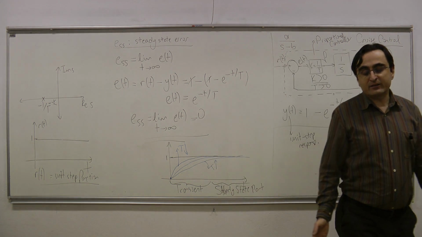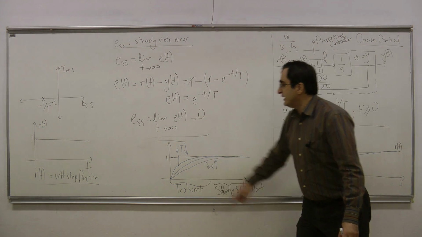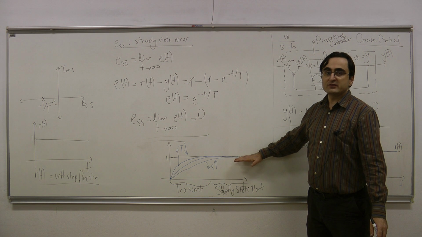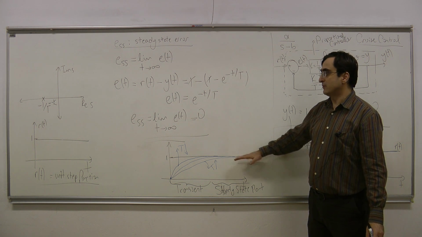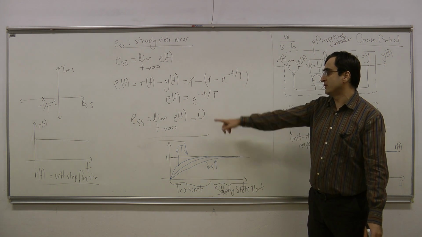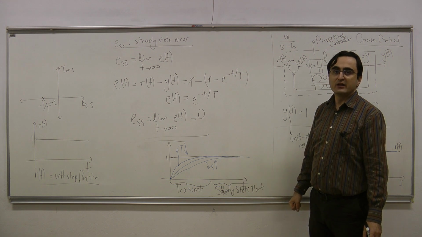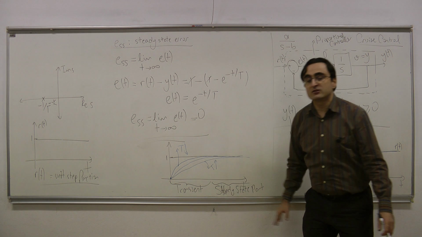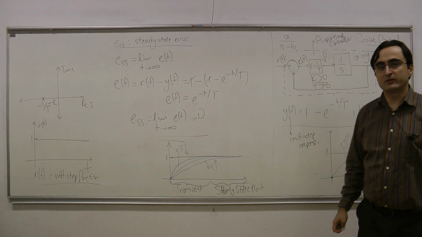Here we see that this parameter t, as long as it is positive, does not affect the steady state performance of the system. The steady state error is equal to 0, whatever t is, as long as it is positive. But t is changing the transient behavior of the system.